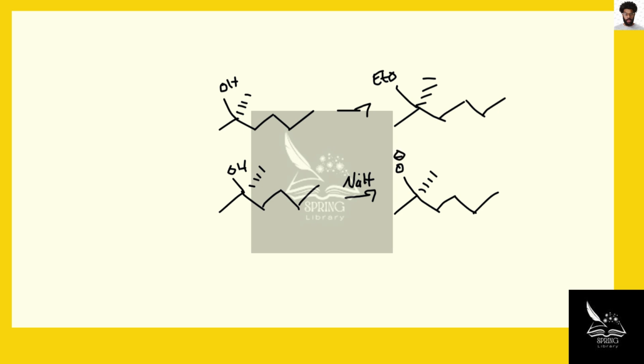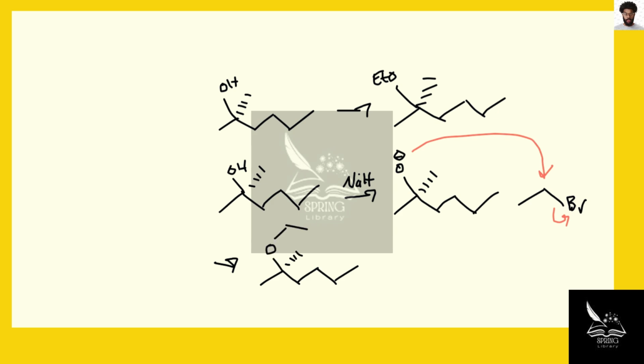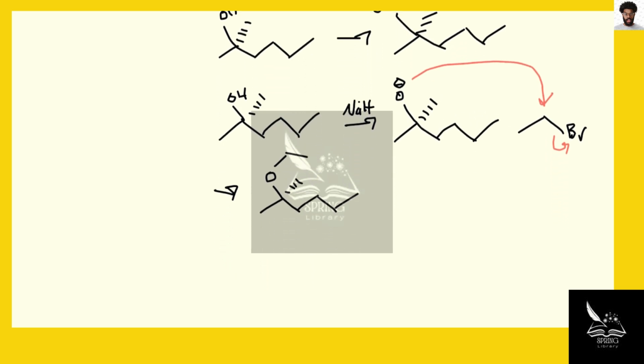And then this can act as a nucleophile upon, say, an ethyl bromide, right, to do an SN2 reaction and convert the alkoxide into an ethoxide while maintaining the relative stereochemistry. So that's option one.